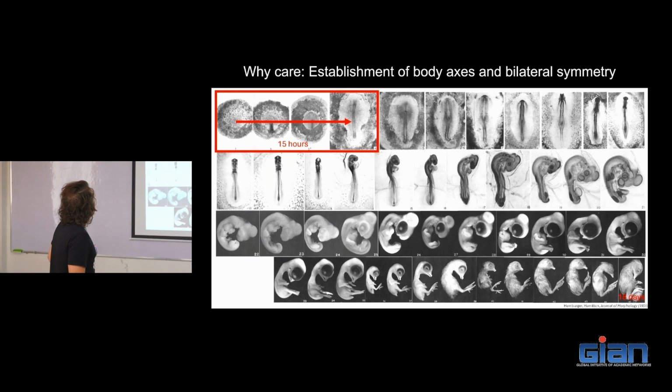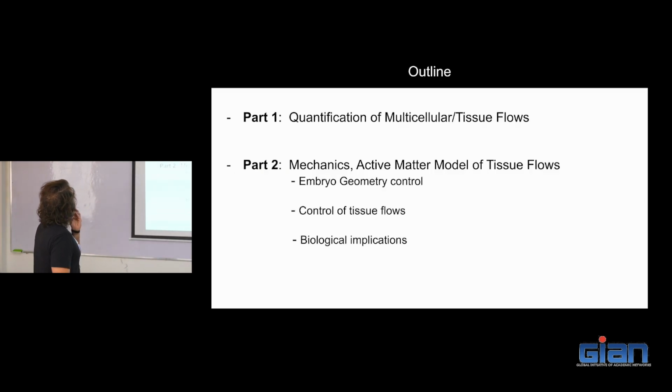Okay, so what I'm going to do is first go through what I showed quickly yesterday: how can we quantify these multicellular flows using coherent structures? And then we're going to understand how to predict these flows and eventually how to control them, okay?